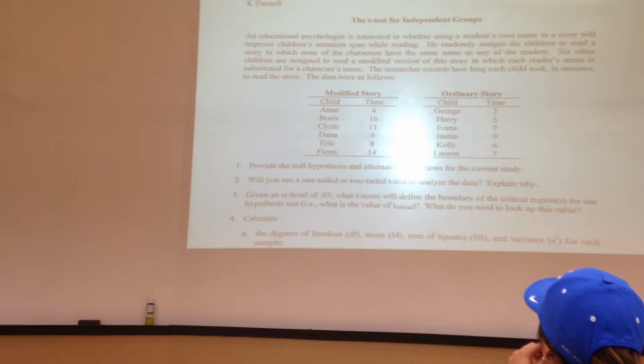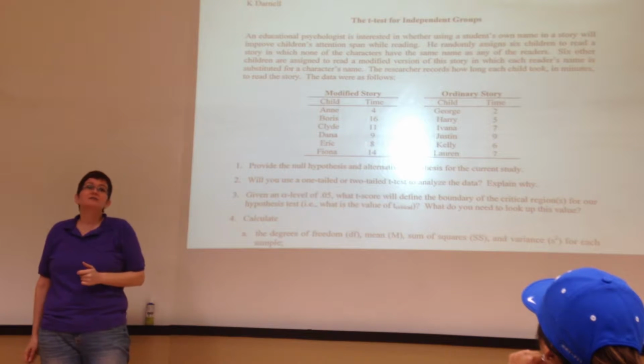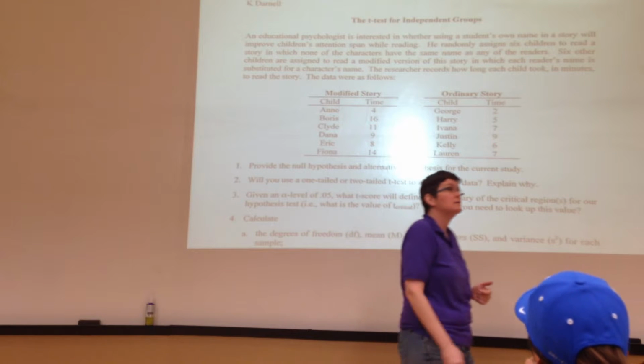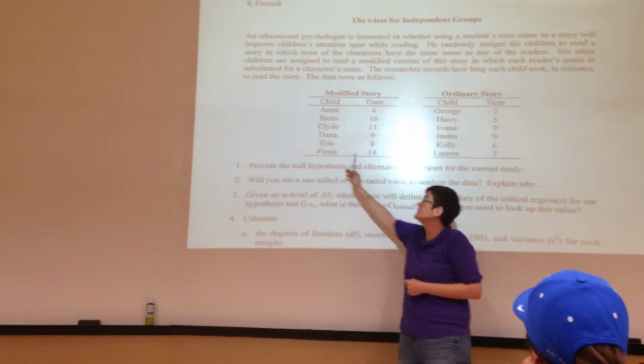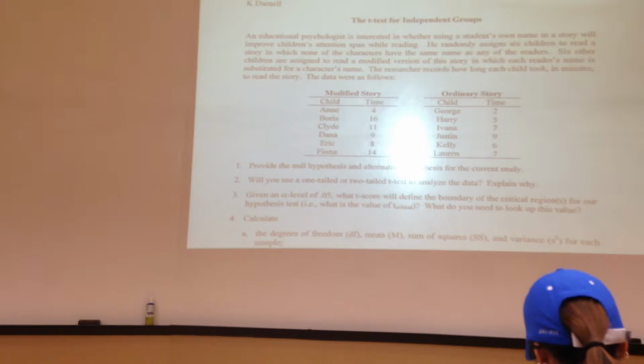But if it hasn't been, then it's just an ordinary story. So we've got the time that each child spent reading. And what we're going to try to do is figure out whether this group did in fact read significantly longer than this group. Okay? Is everybody clear on the setup?